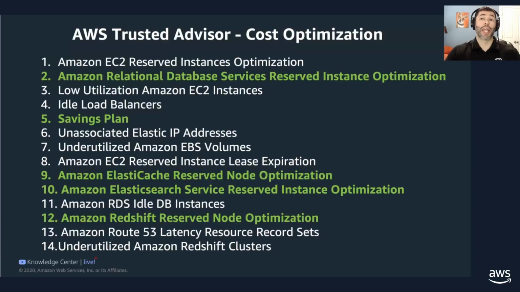We've also added Amazon ElastiCache Reserved Node Optimization, so that's going to give you checks against your ElastiCache usage. Amazon Redshift Reserved Node Optimization, so that you can get the information that you need about your existing Redshift clusters and usage. Then we also have a recommendation added for Amazon Elasticsearch Reserved Instance Optimization. And finally, Amazon Relational Database Service Reserved Instance Optimization suggestions there.